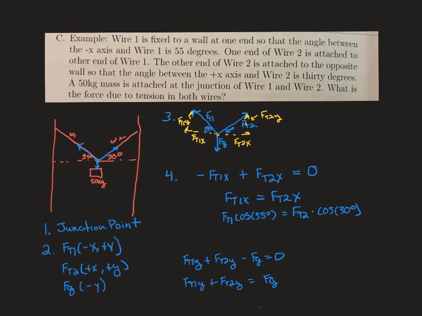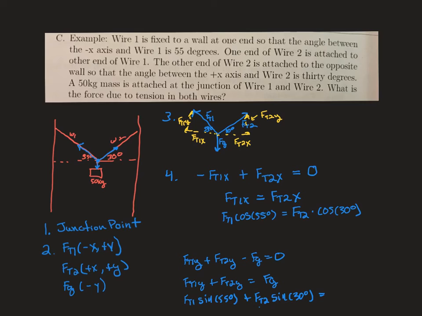Once again, we need to do a trig substitution, and this time the angles are both opposite to the side of interest, so we're going to use sine. So we're going to take the hypotenuse times the sine of 55 degrees, plus the hypotenuse again of the other triangle times the sine of 30 degrees.